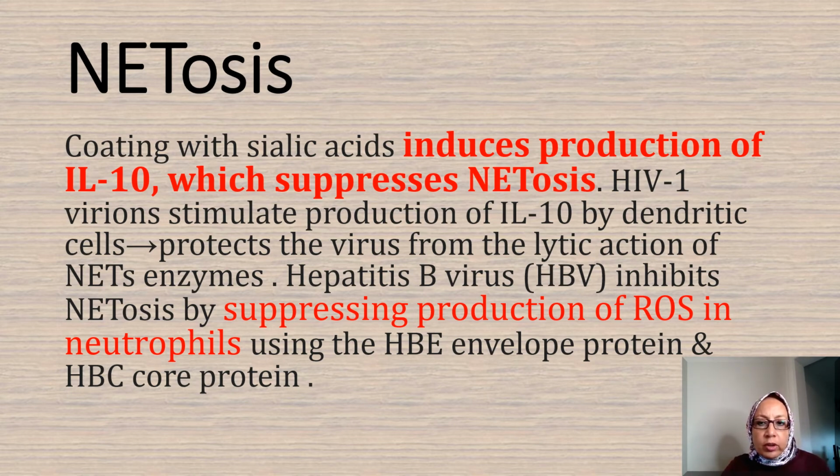In other situations, like hepatitis B virus, it will inhibit NETosis by suppressing the production of reactive oxygen species in neutrophils using the hepatitis B envelope protein and hepatitis B core protein.